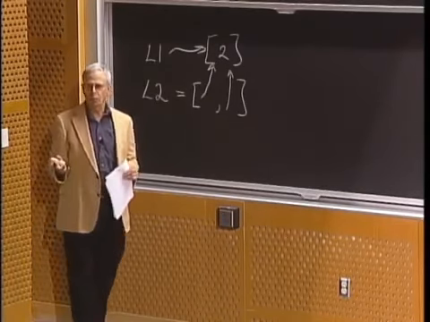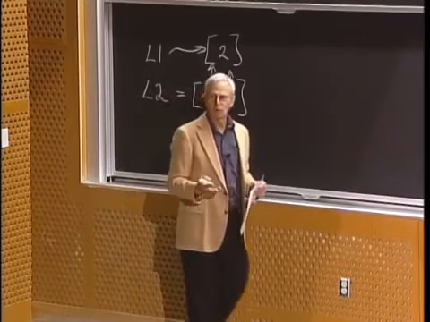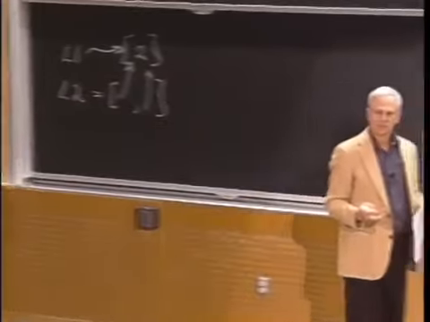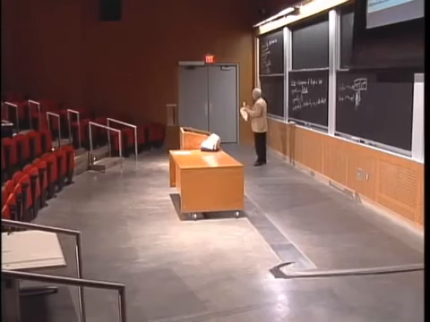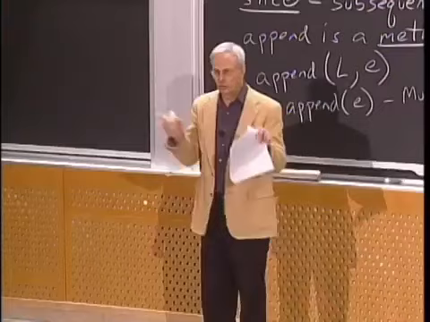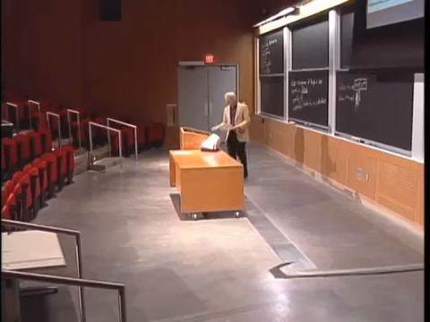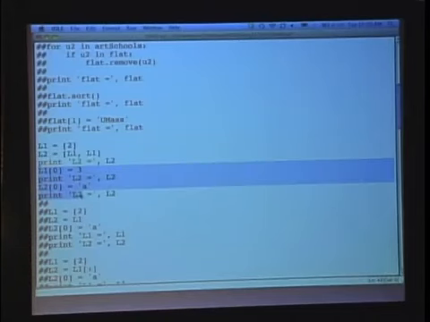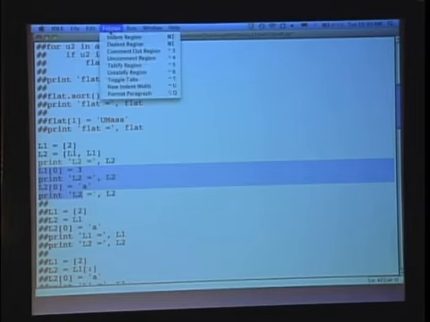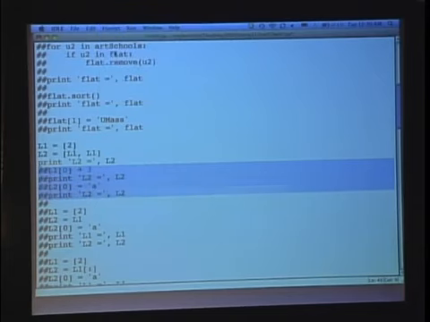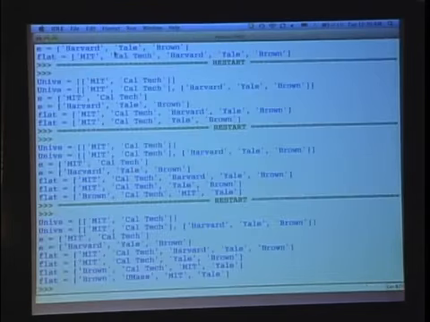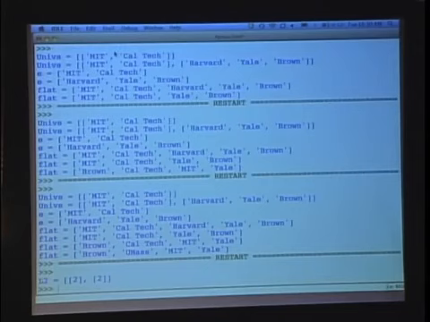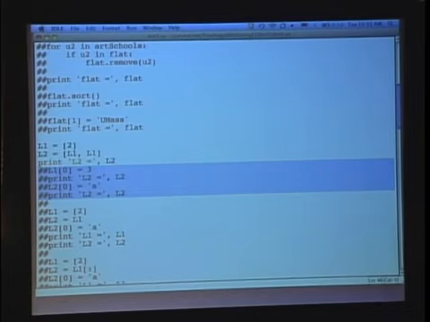So what will happen if I print L2? What will I get? I'll get list 2, comma, list 2, right? We can look at it. If I print L2, all right, just what we would have expected.